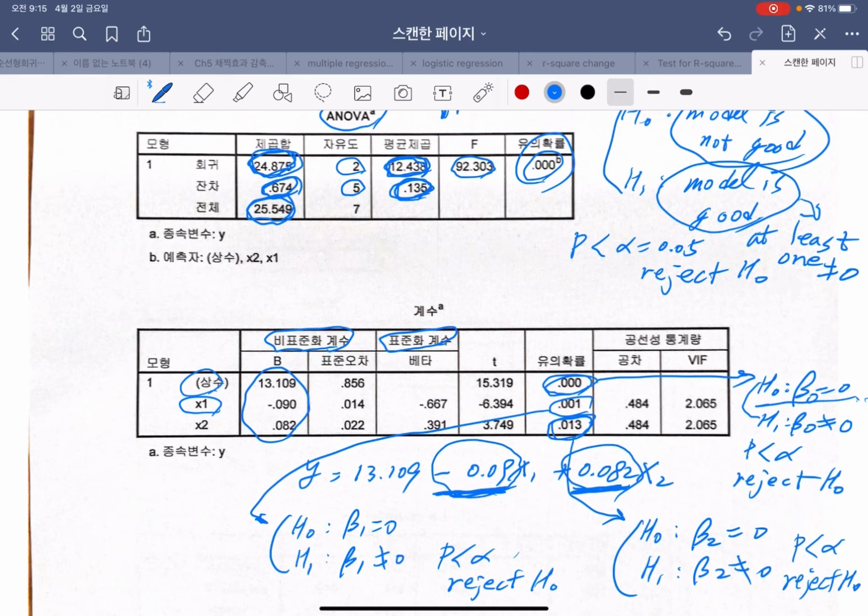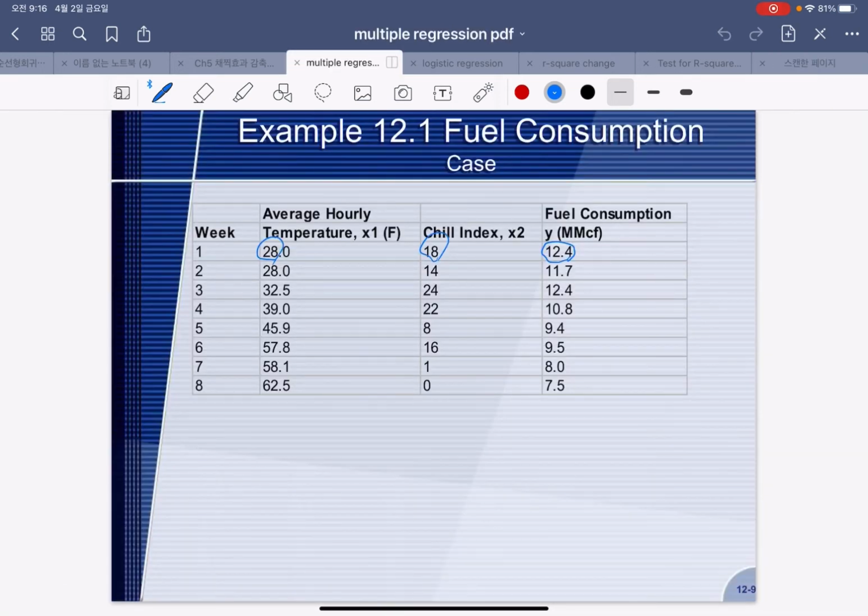Now let's talk about the standardized coefficients. To get this one, the first thing you need to do is standardize all the data. Let's go to the data. We have the data like this.